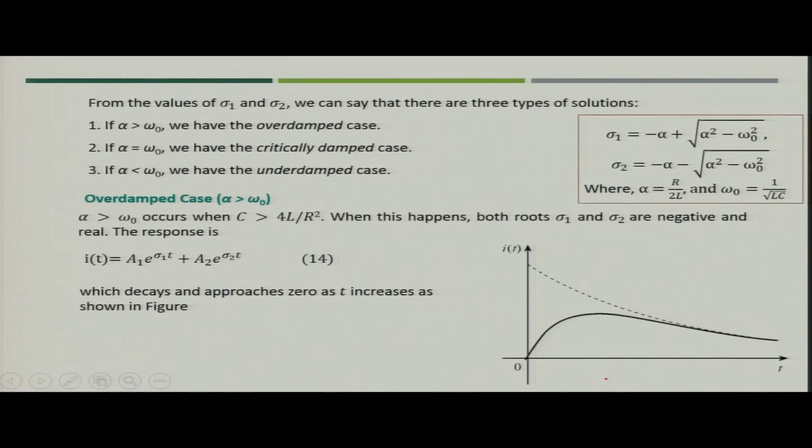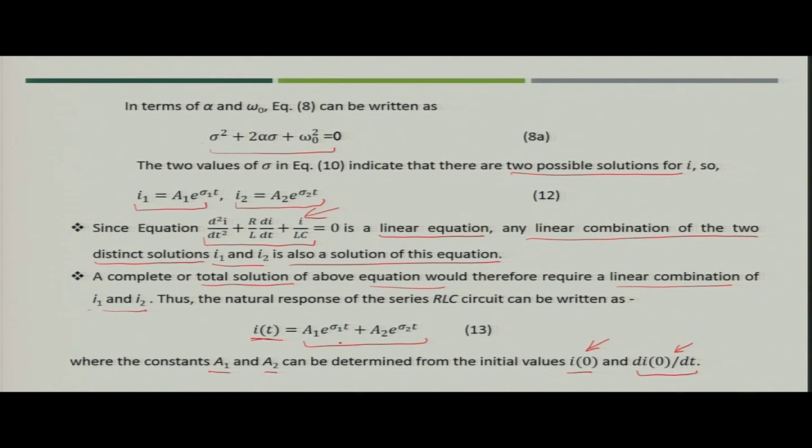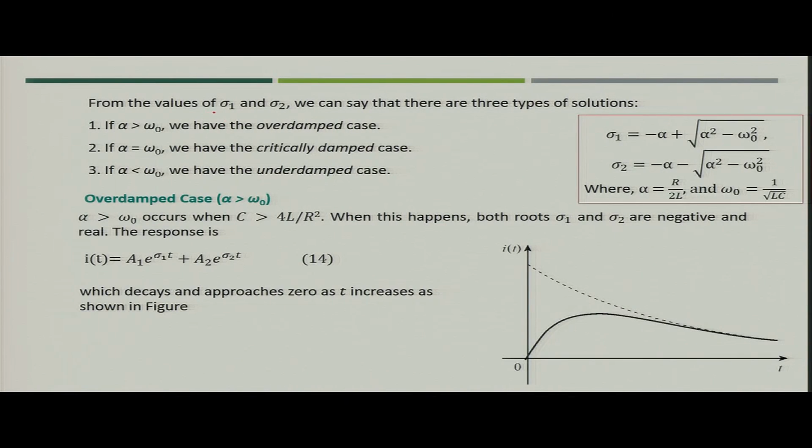So, when you compare these equations, the sigma 1 and sigma 2, which are the roots of the characteristic equation, have three possible types of solutions. What are those solutions?